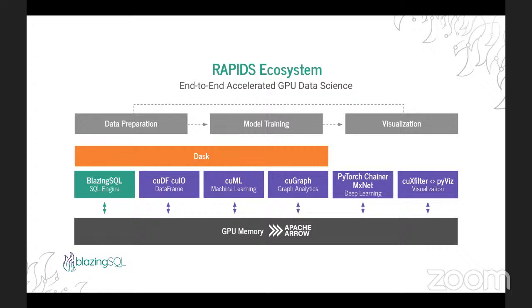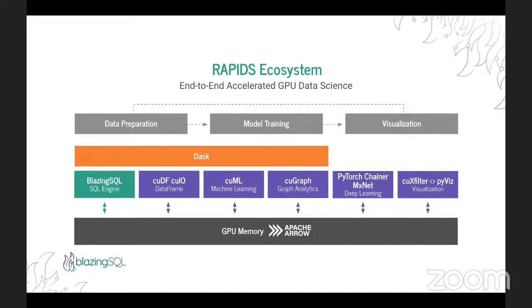Then we go to model training. You have access to cuML, which is the machine learning library from Rapids, or cuGraph if you want to do graph analytics. Or, if you are so inclined, you can pass the cuDF to a deep learning framework like PyTorch, Chainer or MXNet to build a deep learning model. In terms of visualization, you have access to cuxfilter or cuDF data shaders, so you can visualize your data while staying constantly in GPU memory.